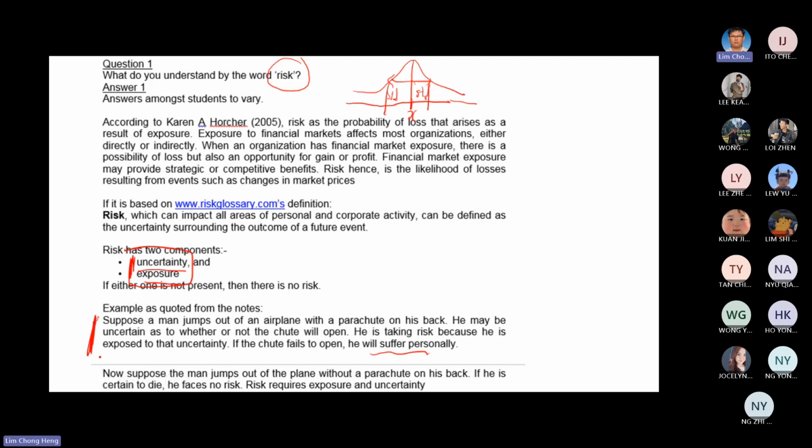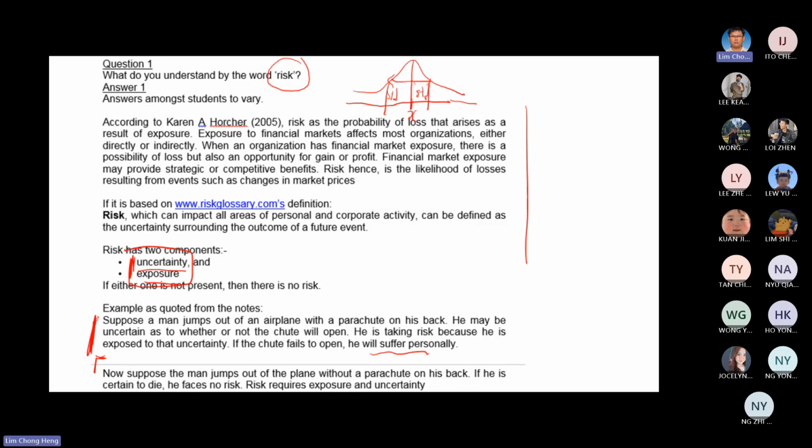And then, if a person jumps from a high building without any safety equipment, this one has no risk, because we already confirm the consequences.